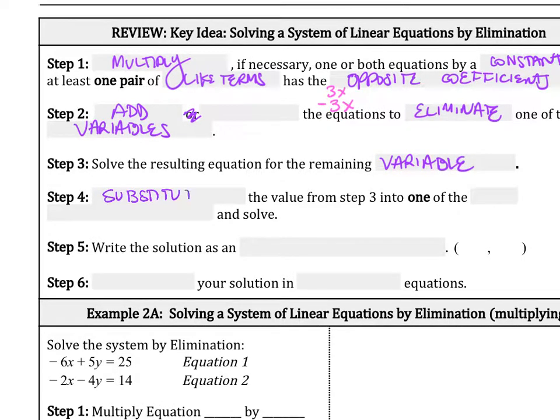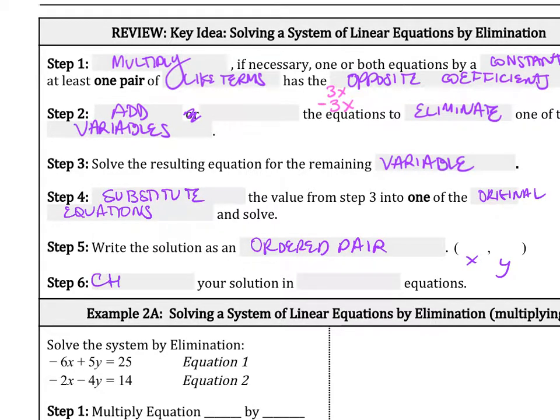Substitute the value from step 3 into one of the original equations. And it doesn't matter which one, it's just a matter of choice. And then you solve. You always write your solution as an ordered pair. Remember that the first value is always x and the second one is y.